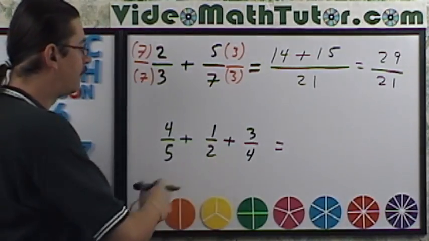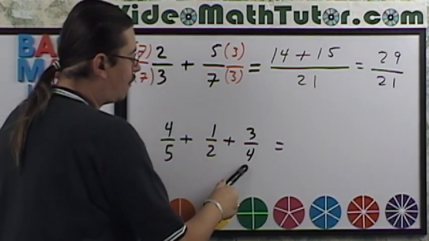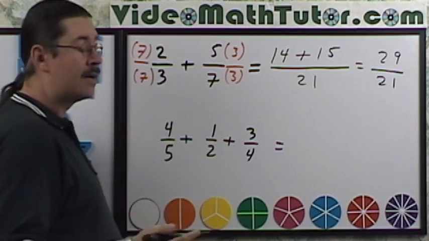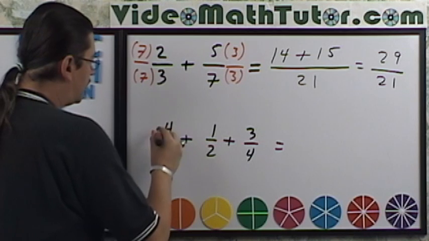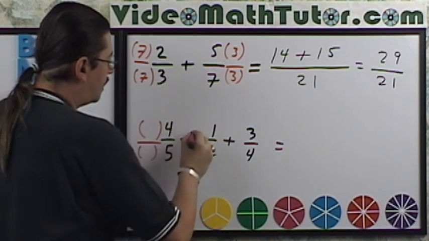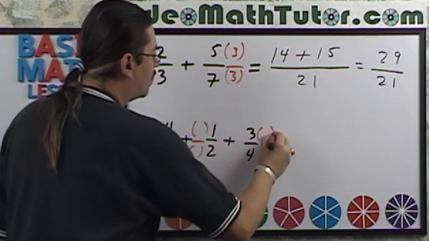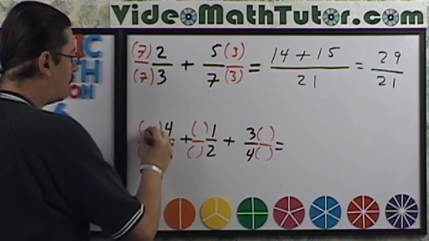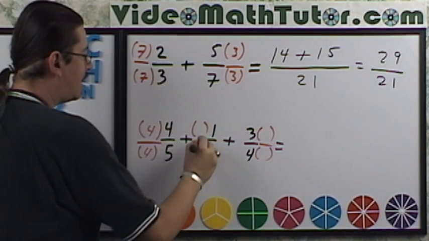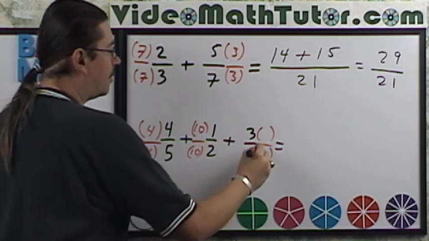How about this one over here? Well, 2 is completely inside of 4, so if I want the LCD, it's just these two times each other, so it's 20. So let's multiply these by some numbers. So we get 20, this one needs to be a 4, this one's going to have to be 10, and over here I'm going to have 5.